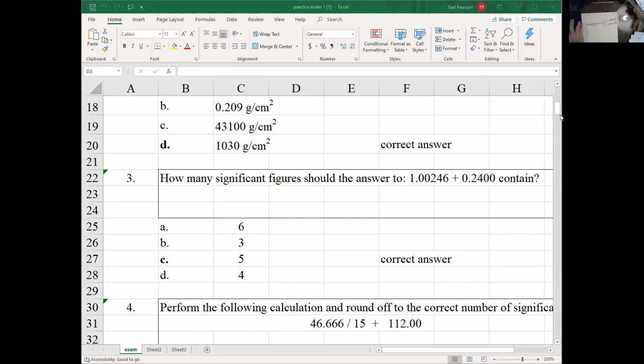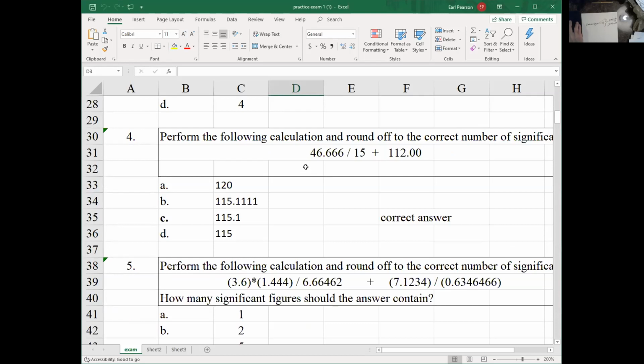Now this next one does involve a multiplication and division and an addition. The addition is the last thing that gets done. It's going to be rounded off by the multiplication and division rule.